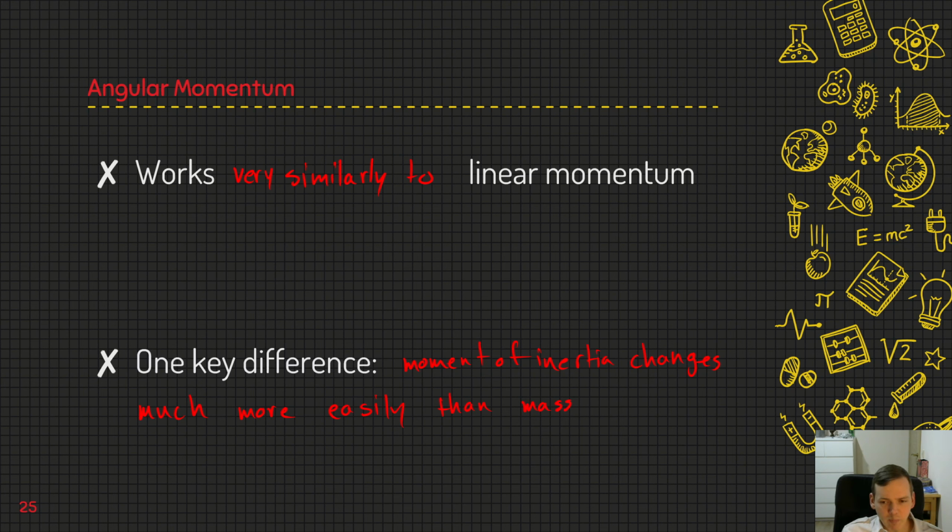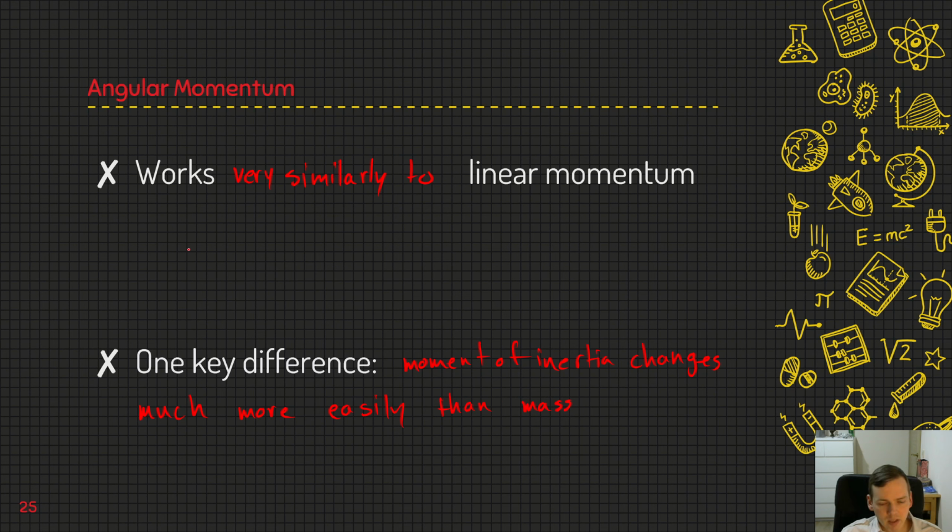But with angular momentum, like that classic example of an ice skater, if they're skating with their arms out, and then they bring their arms in, they've changed their moment of inertia. If angular momentum is going to be conserved, if moment of inertia goes down, angular velocity needs to go up.